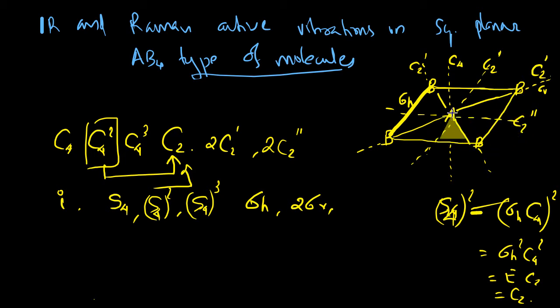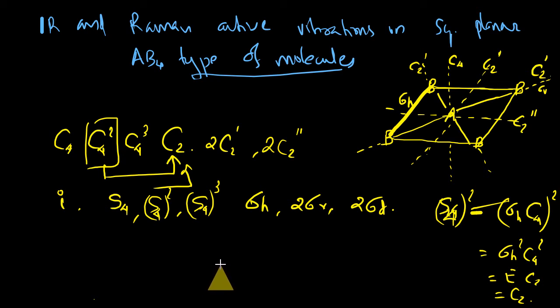But since it is bisecting the bond angle, it can be called a dihedral plane. So how many dihedral planes like that, or sigma d's, are there? Two sigma d's are there. One through this C2 double prime axis and another through the other C2 double prime axis. So there are two sigma d's. So these are the symmetry elements that we can see in the case of AB4 type of molecules.